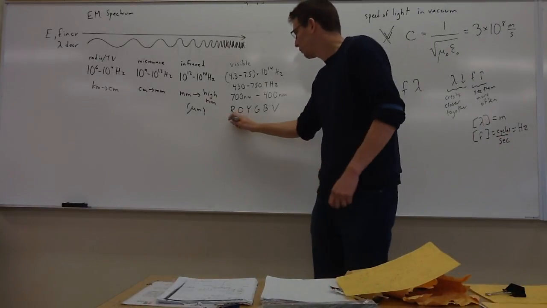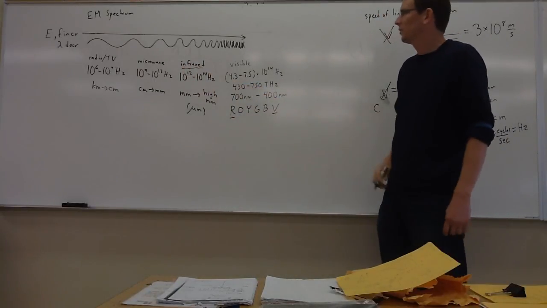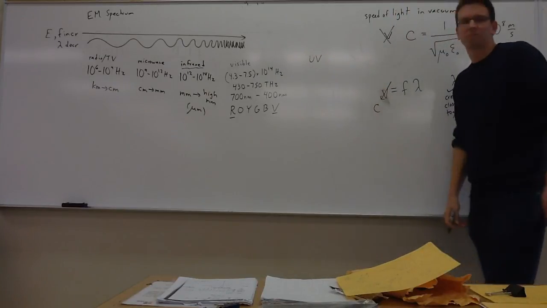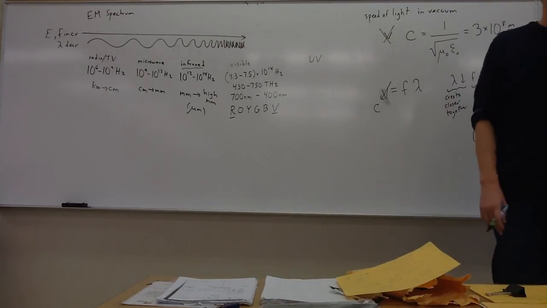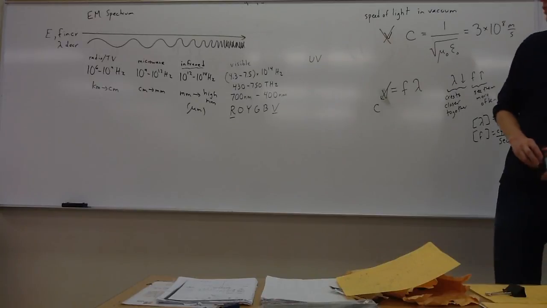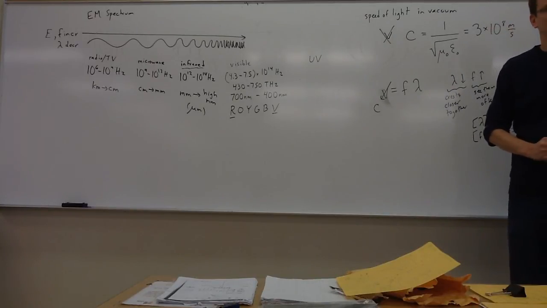The red is, of course, right next to infrared, and violet, the next category, is ultraviolet. Okay? So as we're increasing frequency here, we are increasing the energy, and these are going to start to sound a lot more like things you don't want to be experiencing. Okay?